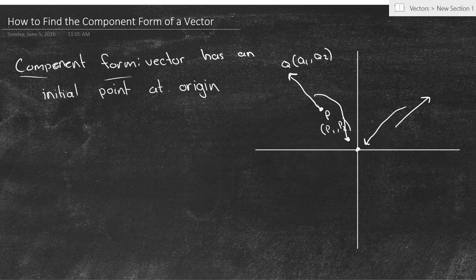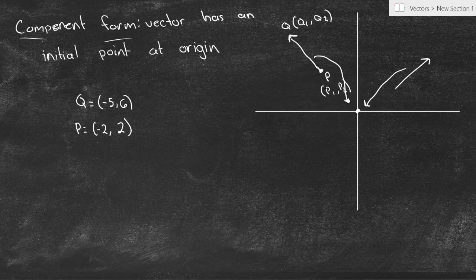So let's take this example right here. Let's say we have this vector. We'll say point Q is going to be -5, and we'll say we're up 6. Then we'll say point P is about -2, and up 2. So these are our two points, and then we want to get the component form of these points.